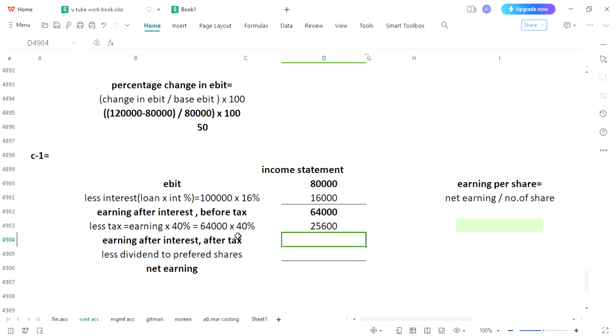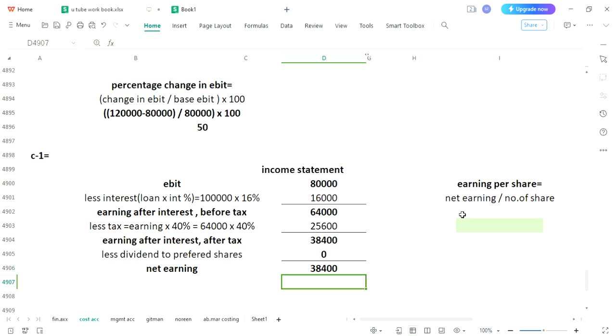Now we can calculate earning after interest and after tax. For that you will simply subtract tax from 64,000, and you will subtract amount of tax 25,600. Dividend for preferred shareholder is absent in the question, so 38,400 is your net earning when your loan is 1 lakh and EBIT is 80,000.